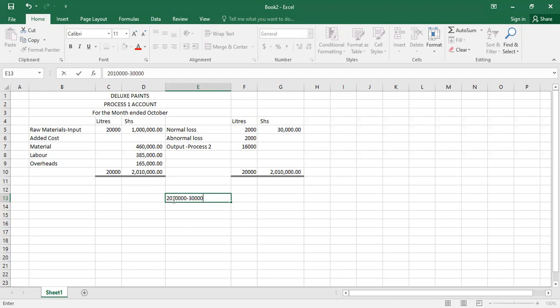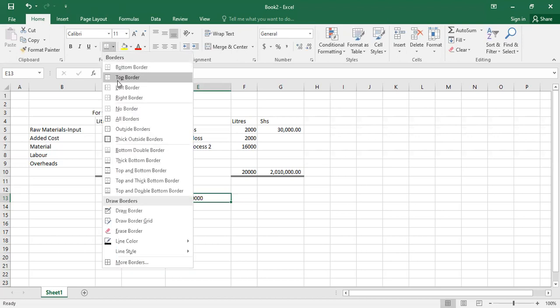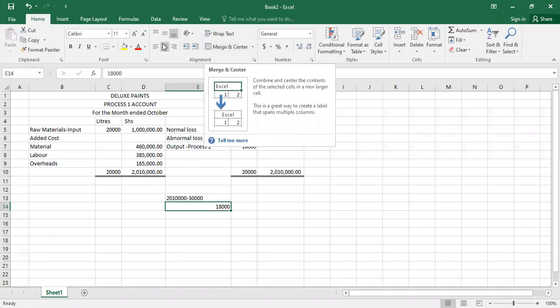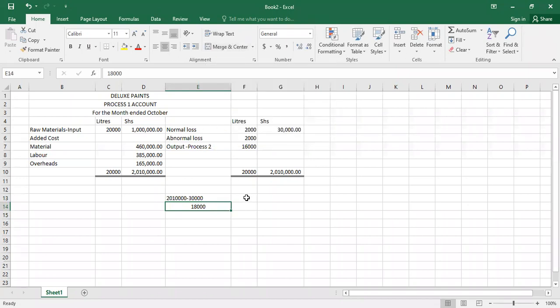We divide by 18,000, isn't it? What do you get? 110. Yes, 110. So our cost per unit is 110.